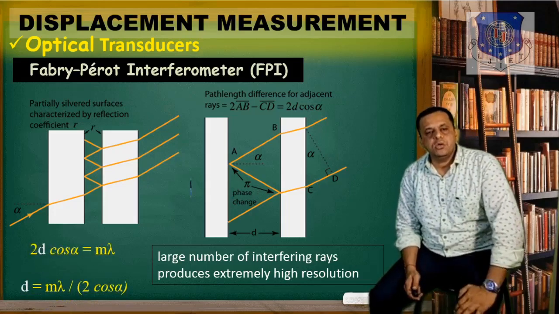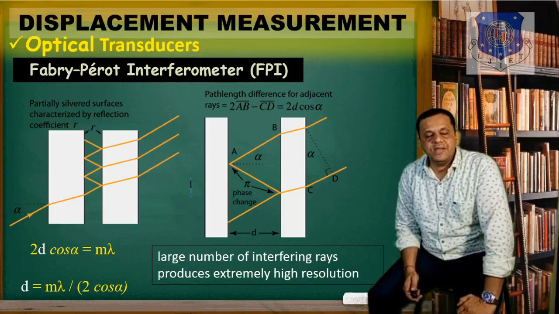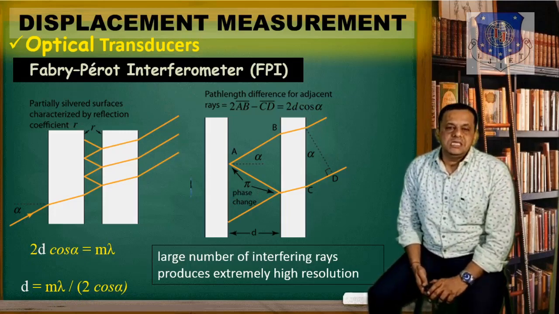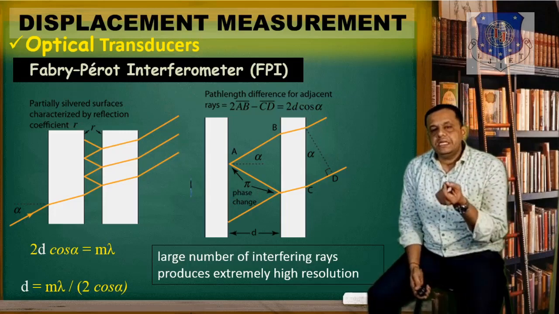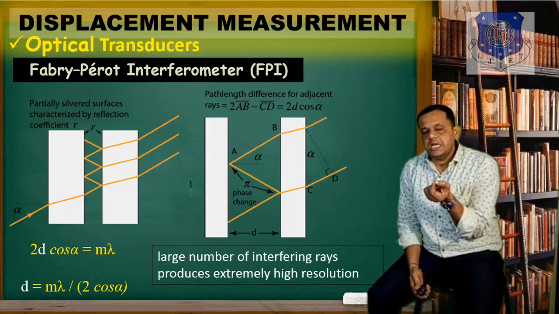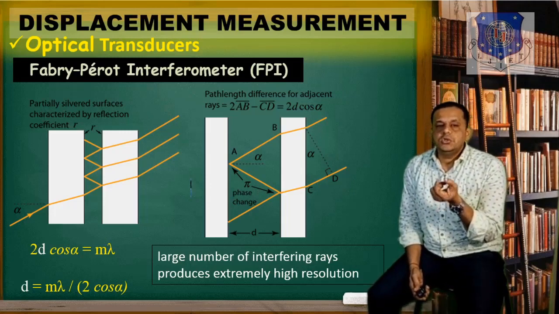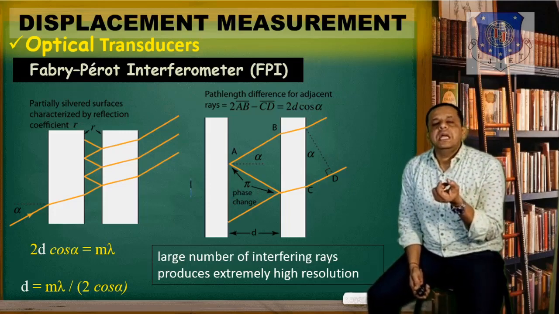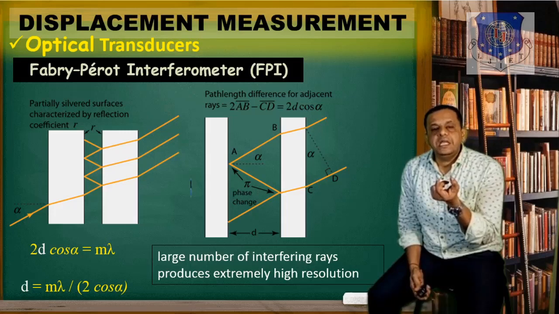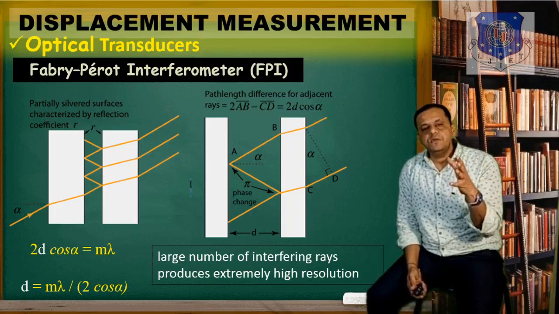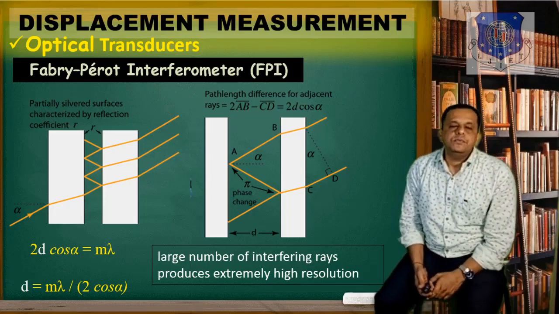With the formula 2d cos alpha equals m lambda, where lambda is the wavelength, we will be able to measure the small distance d, where one of the plates is fixed and another plate is moved along with the object. So the reflection angle and the values of AB and CD will change, and this way we will be able to measure the value of small d.